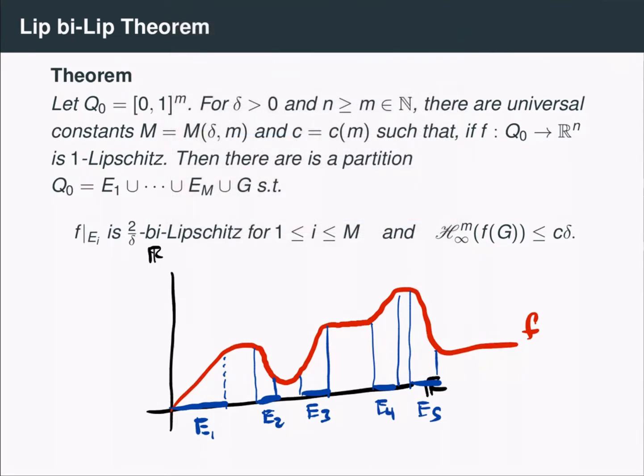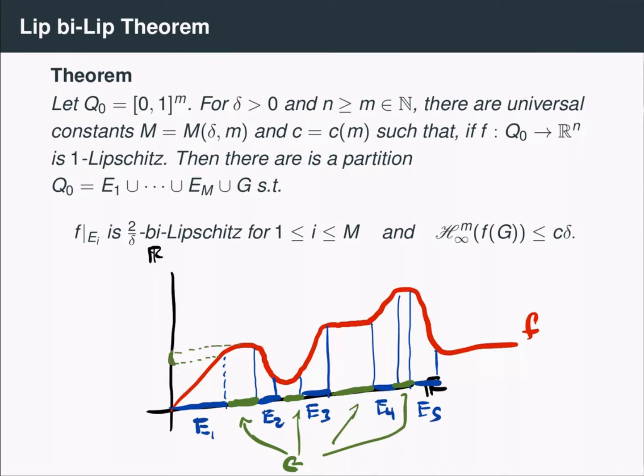Now, what happens on the remainder of the set? The remainder of the set is this garbage set G. So we'll highlight these intervals as being part of G. Notice that if we look at the image of G under f, we just have to look at the part of the y-axis where the portions of the graph lie.